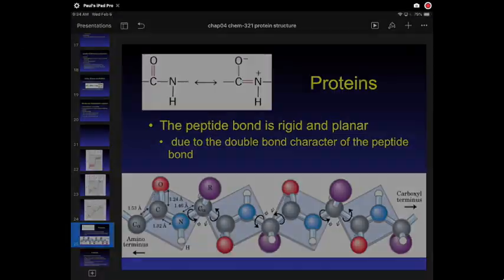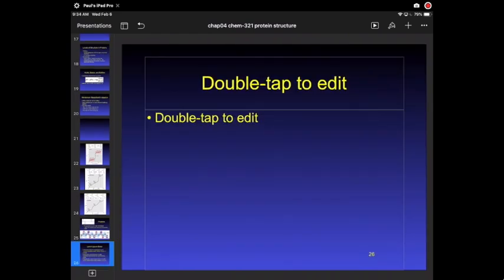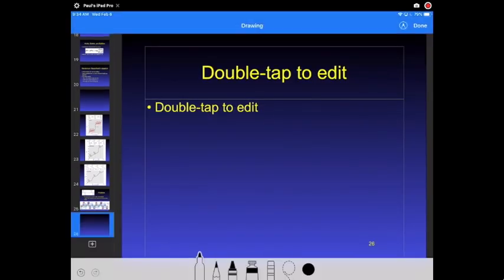If I add a slide here, and you have a nitrogen, its normal state is this. This is the deprotonated.